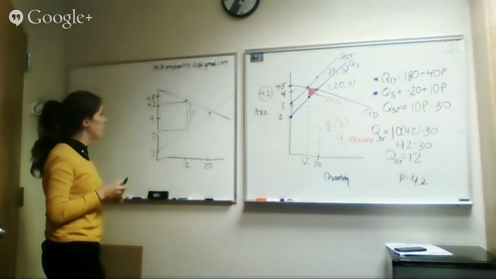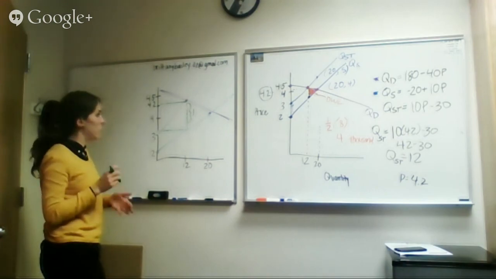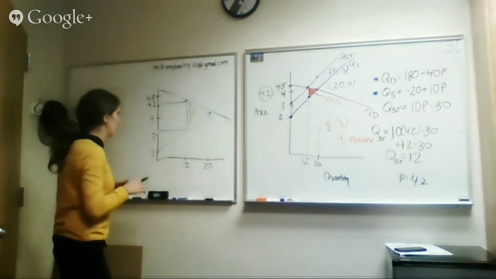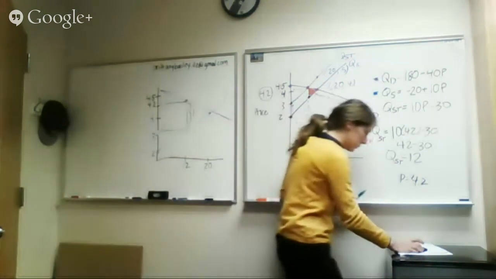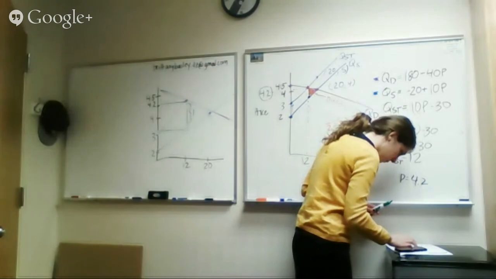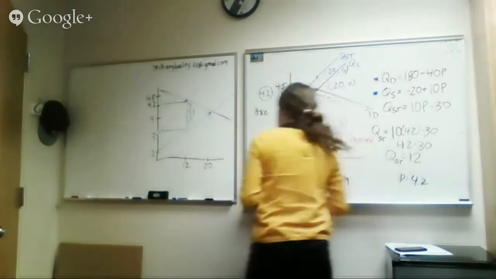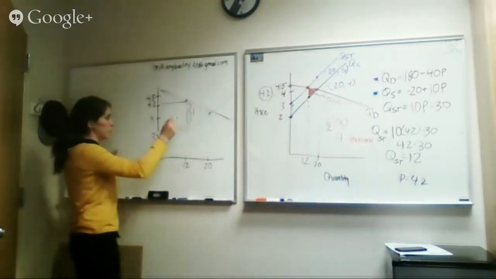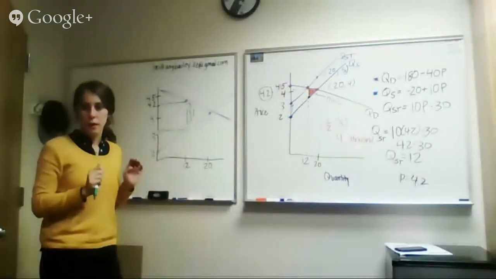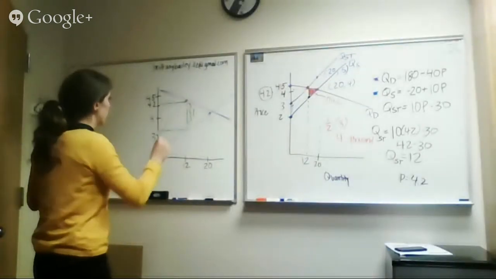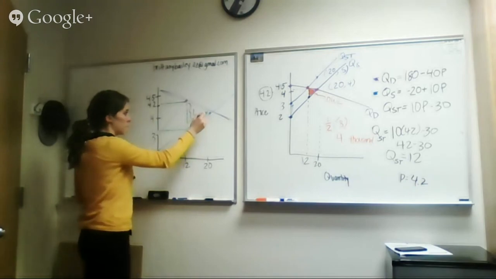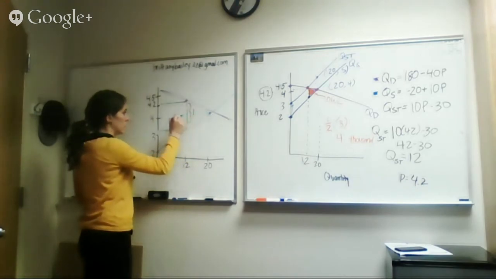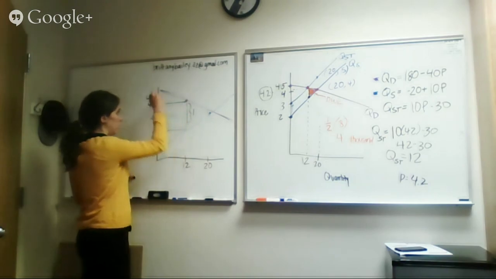We want to know how much of that is borne by consumers. So the part that's borne by consumers is the area between the old equilibrium point and above in this area.